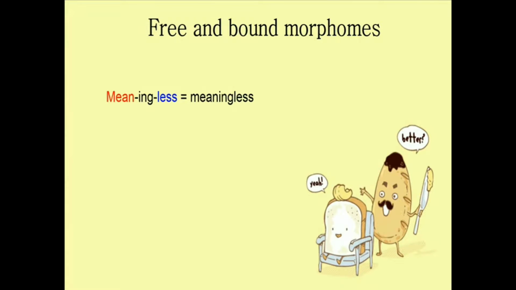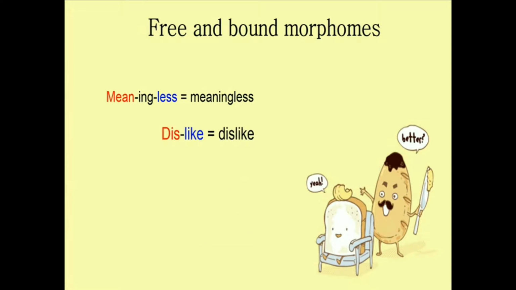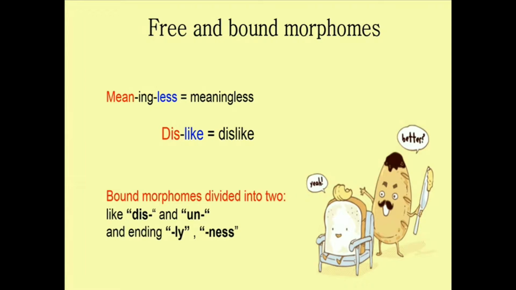The word is composed of three morphemes. And bound morphemes like dislike. Bound morphemes are divided into two, like prefixes and suffixes, with the endings ly and ness.